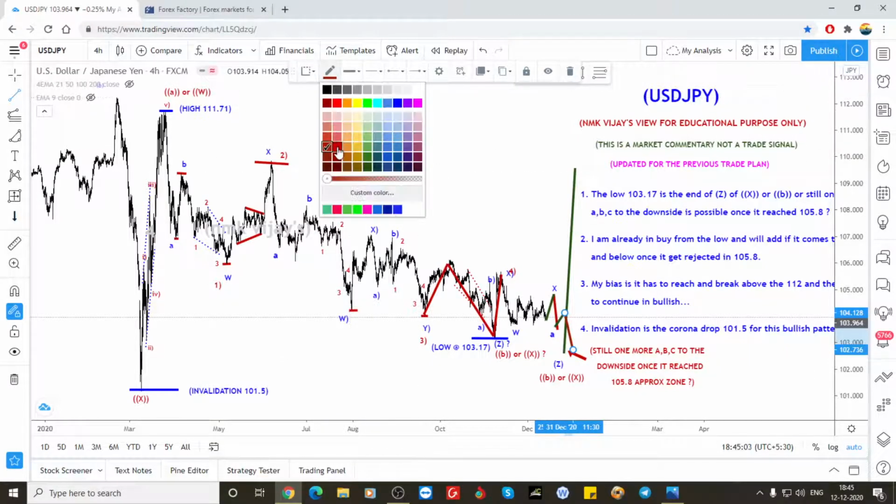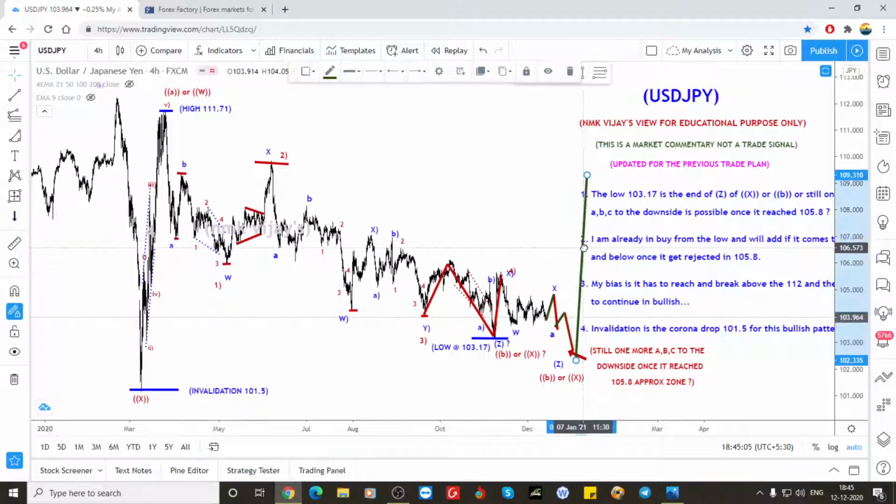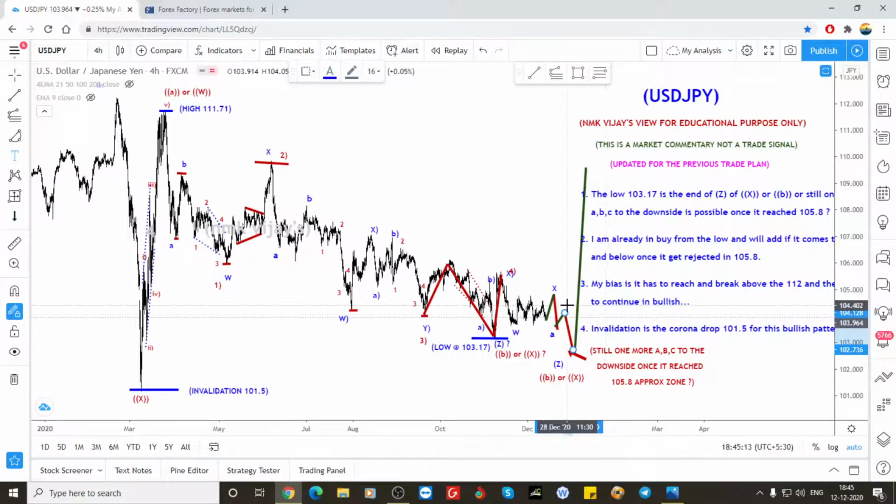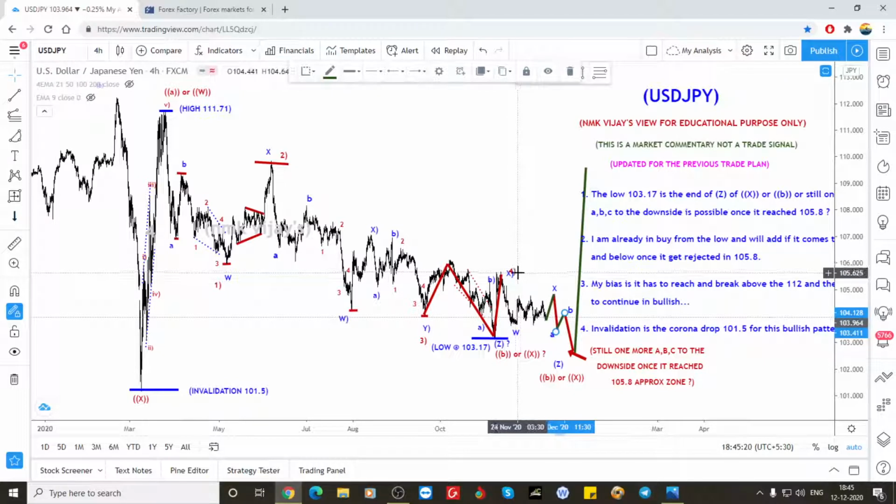After that it will shoot. So we need to make this a B. So this is my analysis for this week in UJ.